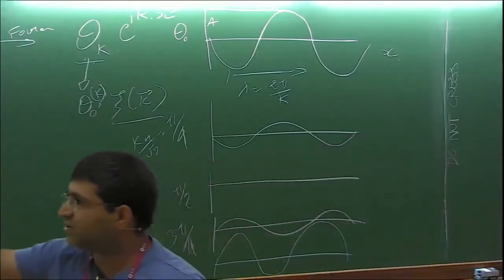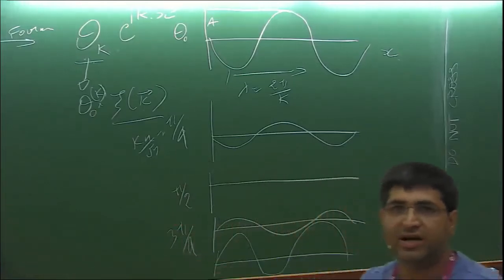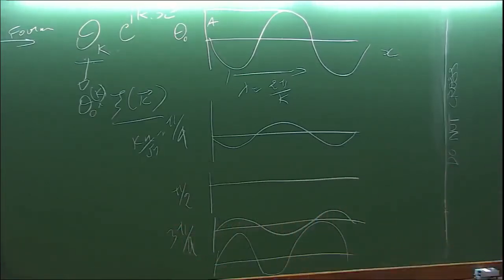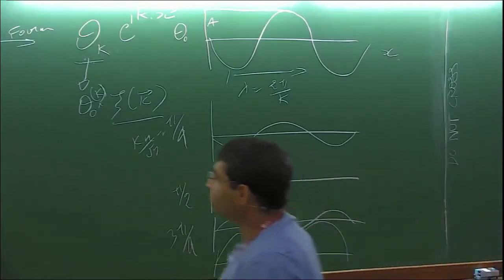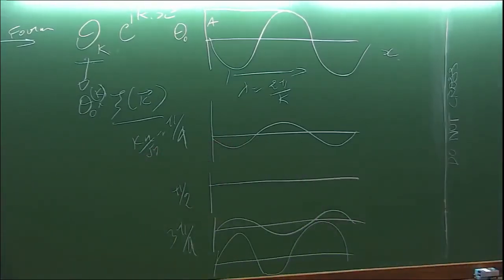We can actually use the first equation to write down the solution for theta 1. I have to go back. So theta 1 is just the time derivative of theta 0.